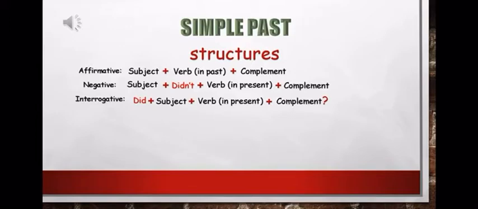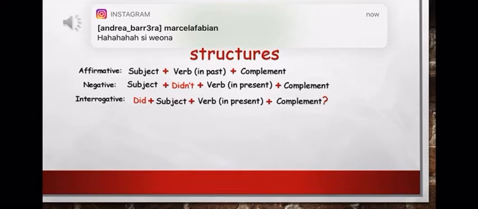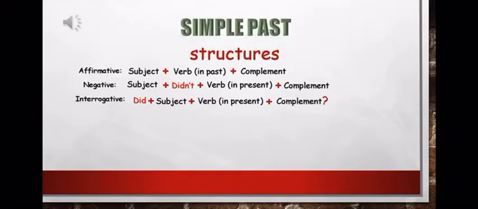In the negative sentence, the structure is subject, didn't, the verb, that in this case is going to be in present, plus complement. And finally, in the interrogative sentence, the structure is did, the subject, the verb, that is going to be in present, plus complement.